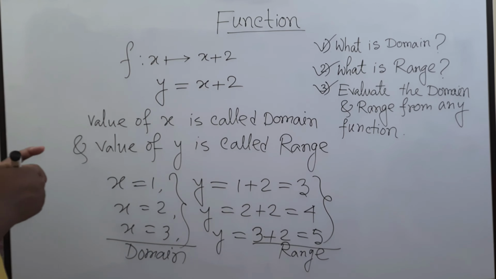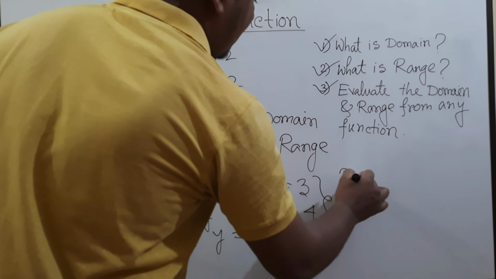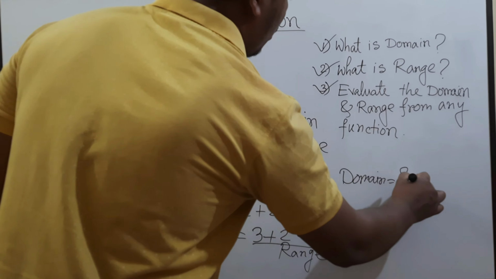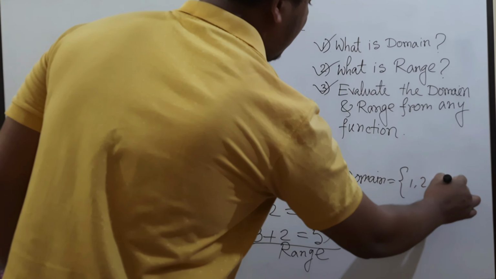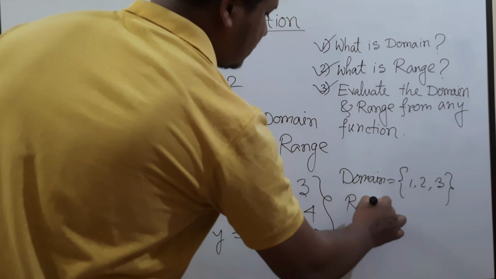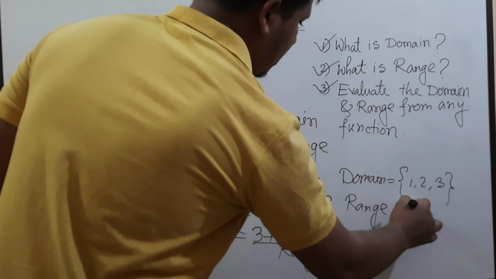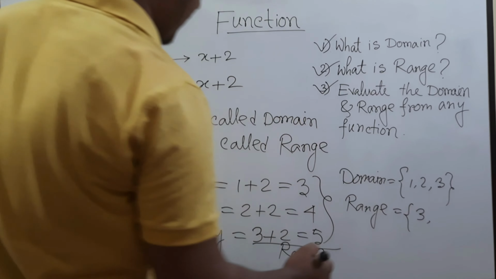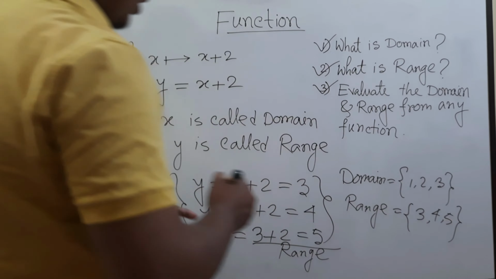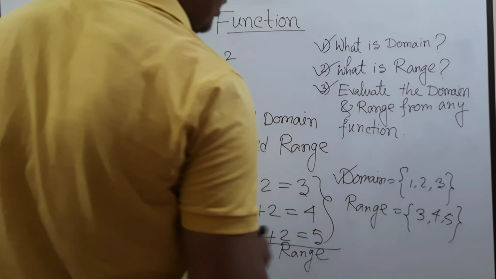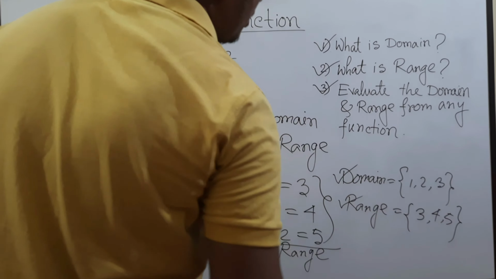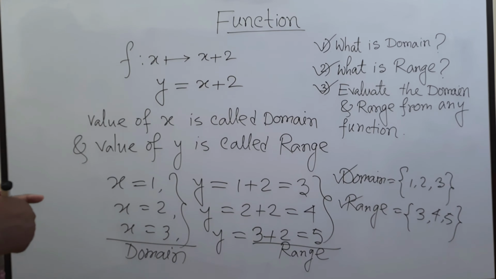The set of domain equals 1, 2, 3 and the set of range equals 3, 4 and 5. So this is the input, that is called the domain of this function, and this is the output, which is called the range of this function.